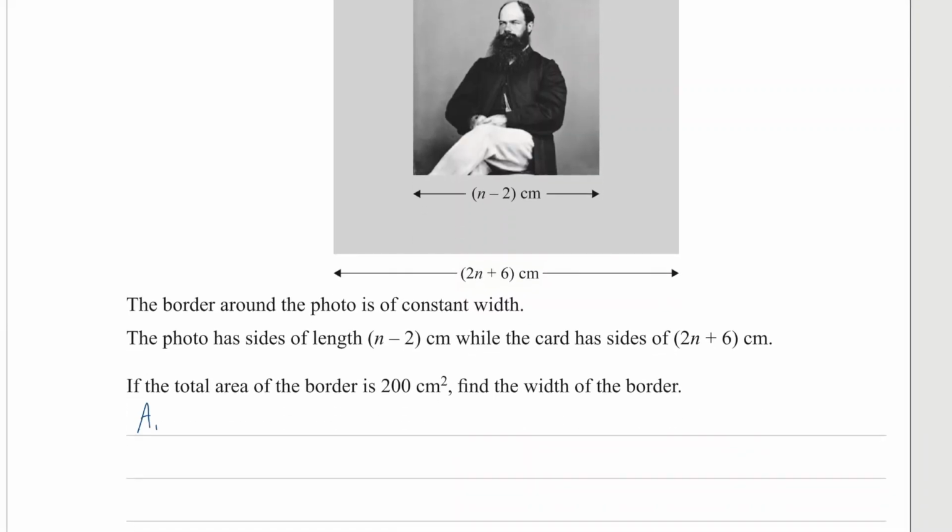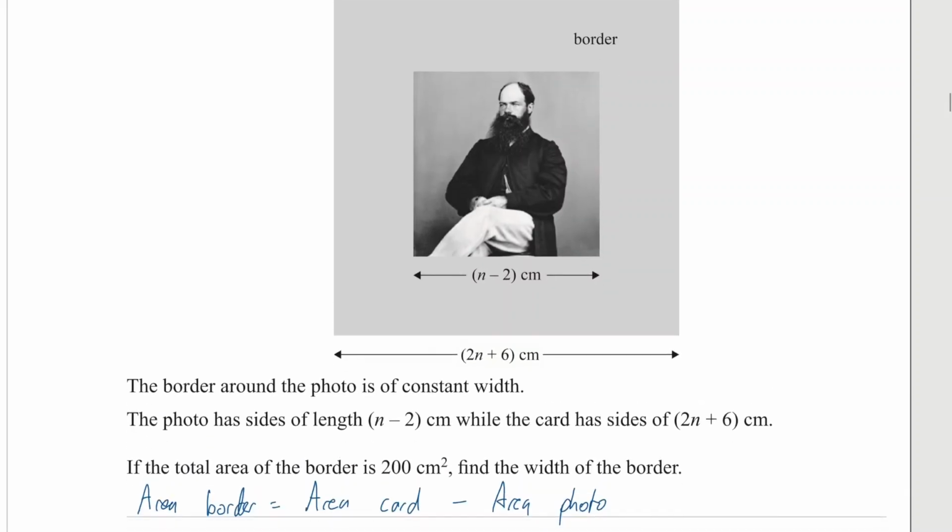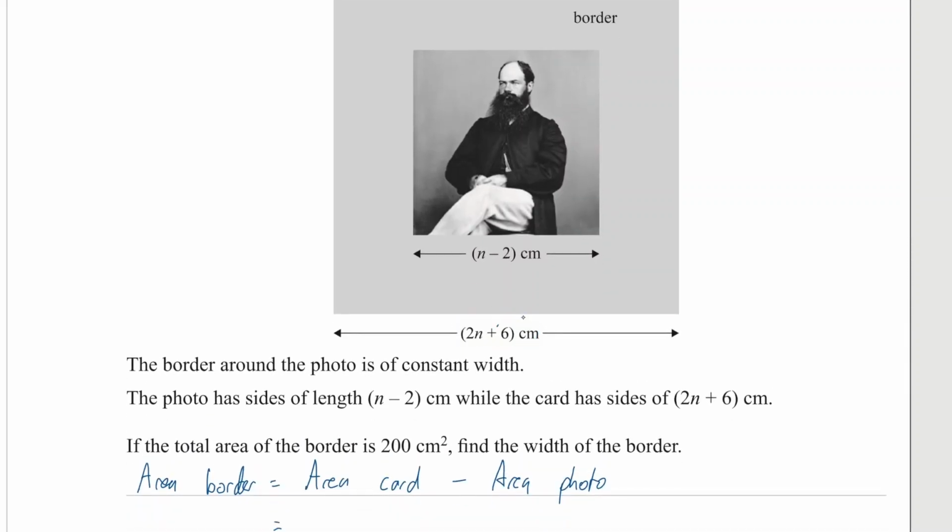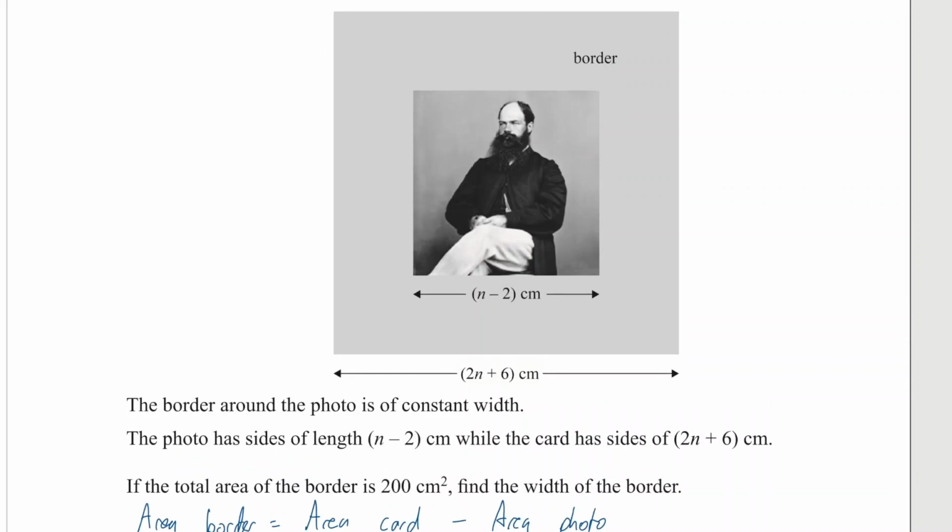So area of the border, we just said, was area of the card minus area of the photo. Just putting it in English first so we know where we're heading. The area of the card, which is a square card with lengths 2n plus 6, so that means this length is also 2n plus 6.